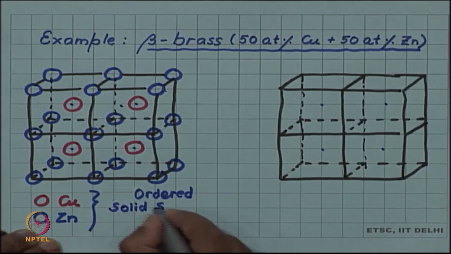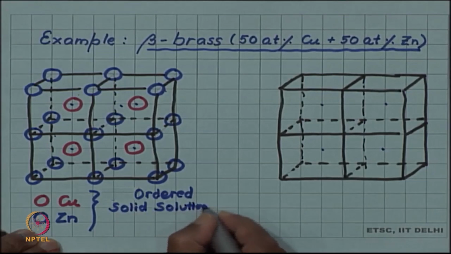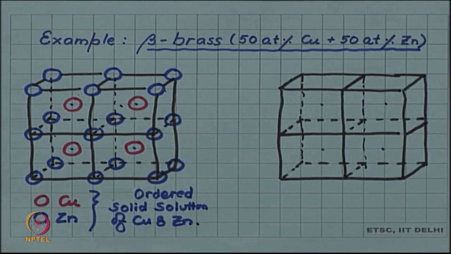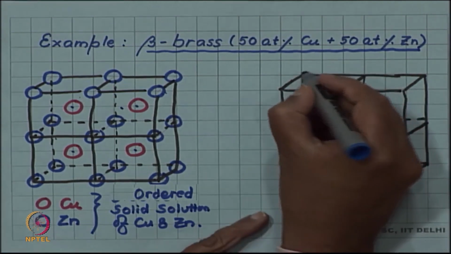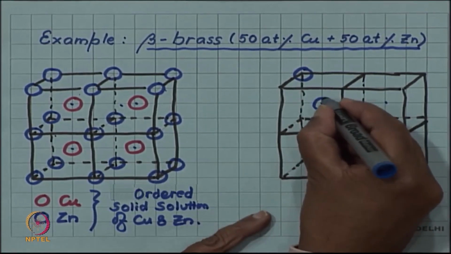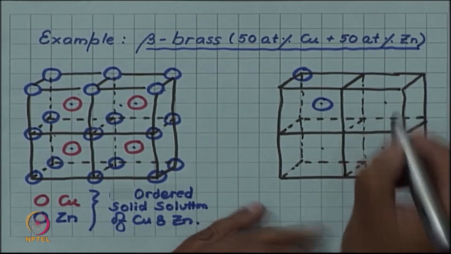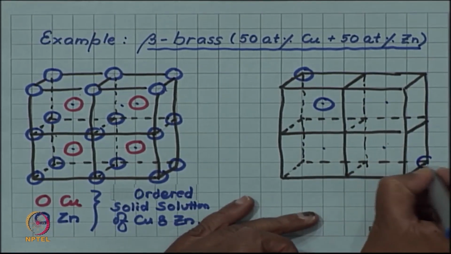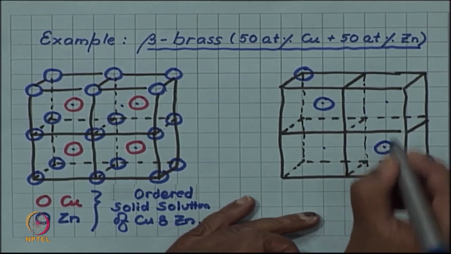ordered solid solution of copper and zinc. So, it is an ordered beta brass. Now, in the second picture, if I want to make a disordered beta brass, all I have to do is to randomly place, in some unit cells, copper maybe at the center, whereas in some other unit cell zinc may be at the center.